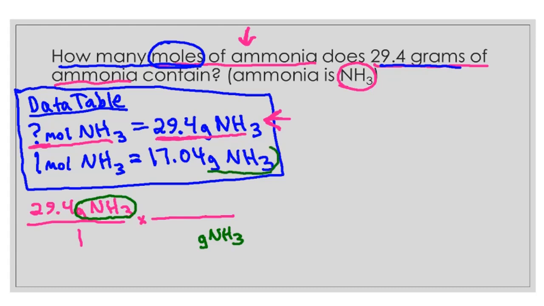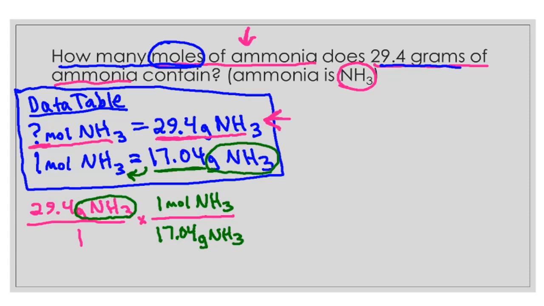And that would be right here, grams of NH3. And how many do we have listed here? 17.04. And whatever's on the other side of the equal sign, we're going to write on the top side of the fraction bar. So 1 mole of NH3. So 1 mole of NH3 equals 17.04 grams of NH3.